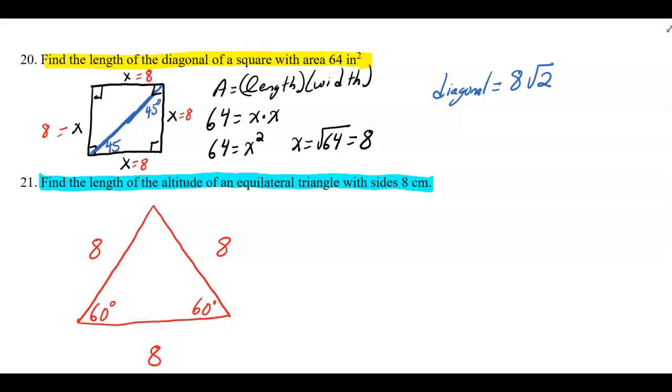The angle at the top is also 60, but I want to draw in this green line, which is the altitude, so that's what I'm trying to find. And the angles at the top of the triangle are each 30, because the 60 is split in half. And using this diagram, the bottom piece is also cut in half, so the green segment that I highlighted and the yellow segment are both 4.